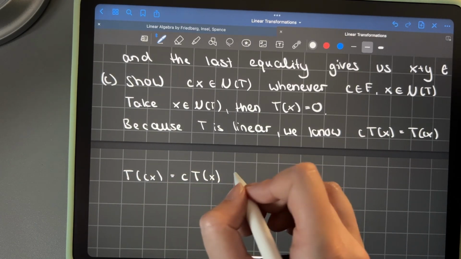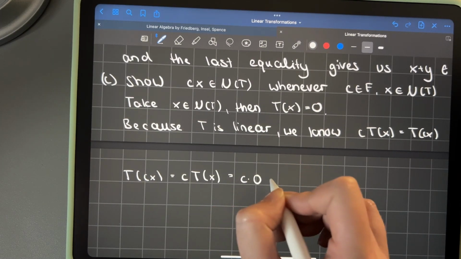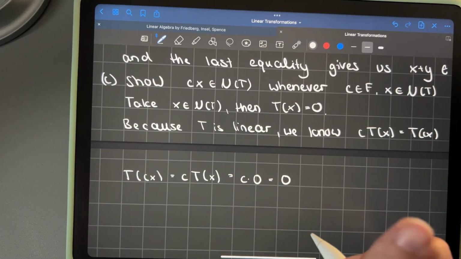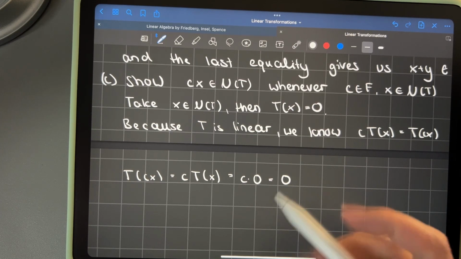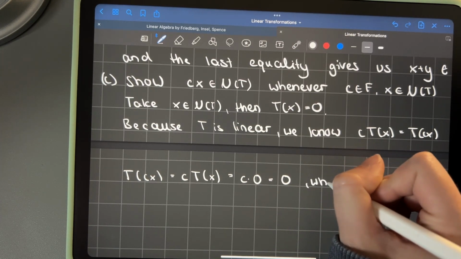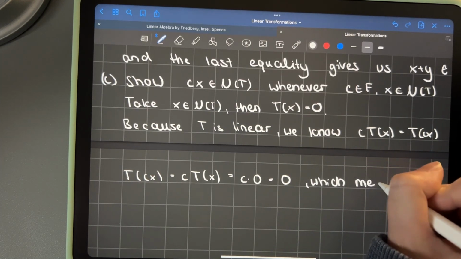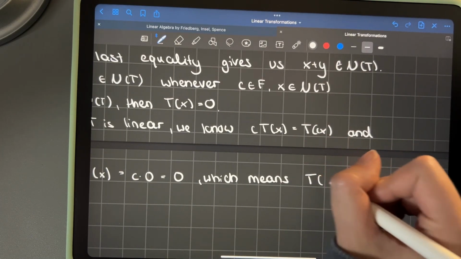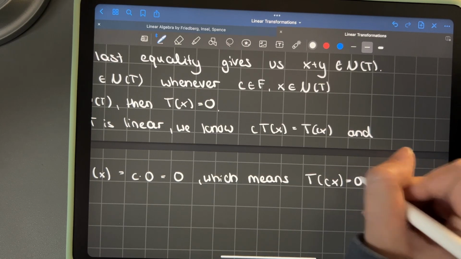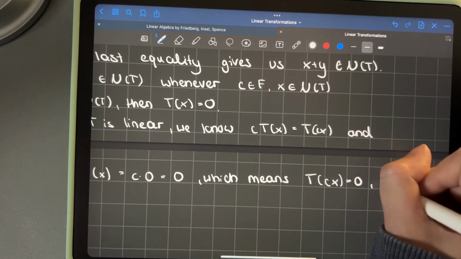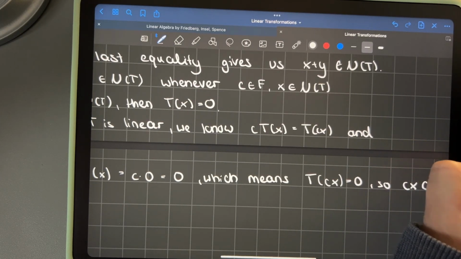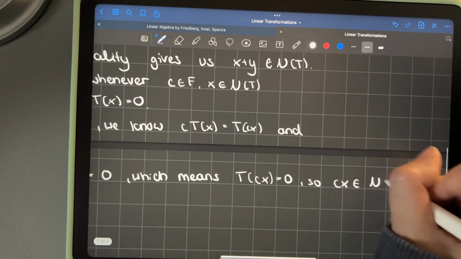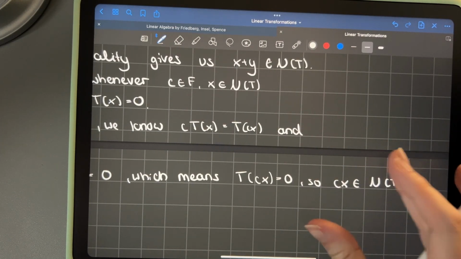But T of x is 0, so that's c times 0, and that's 0 itself. Which means T of cx itself is 0. So cx is part of the kernel per definition.